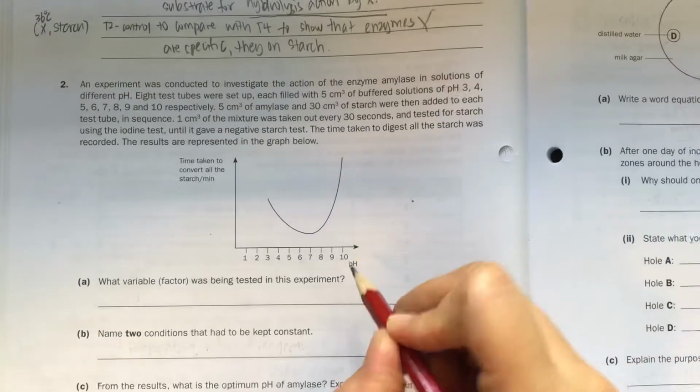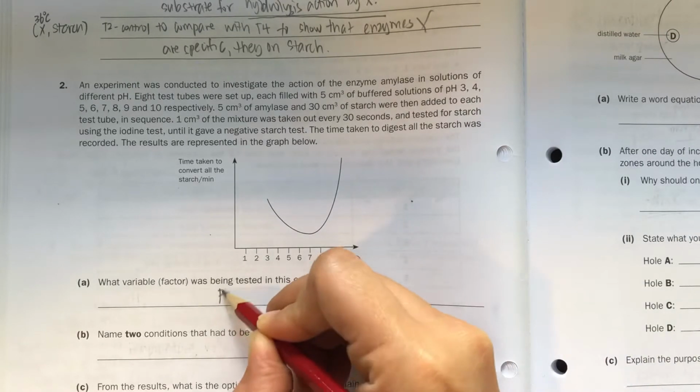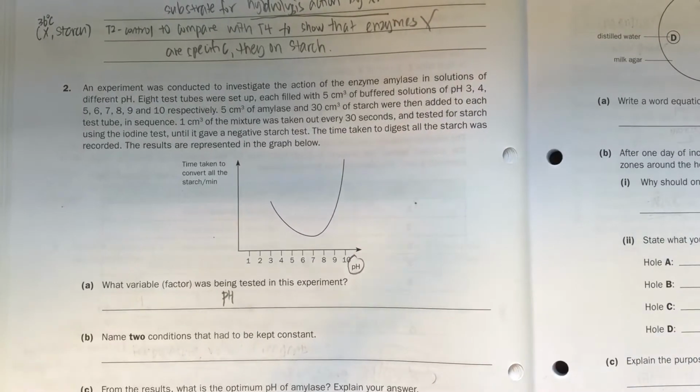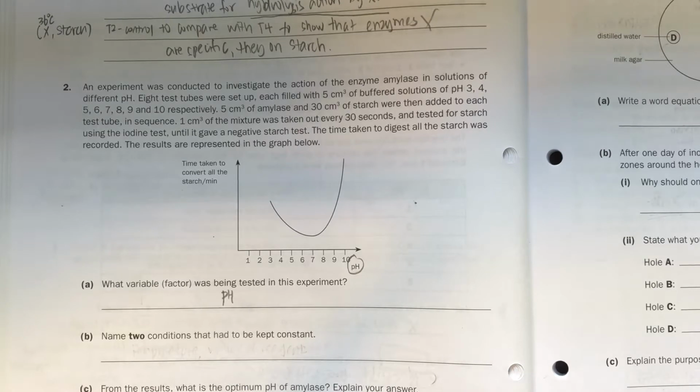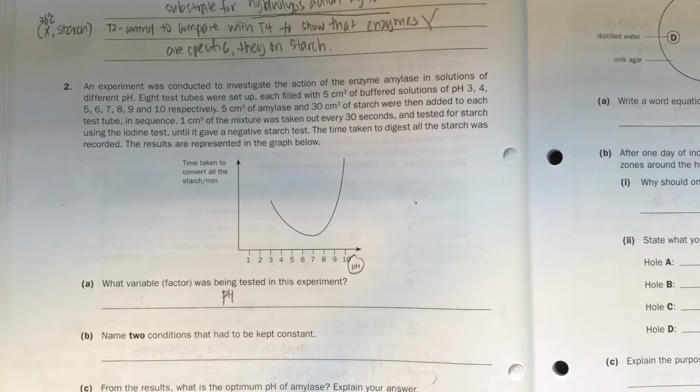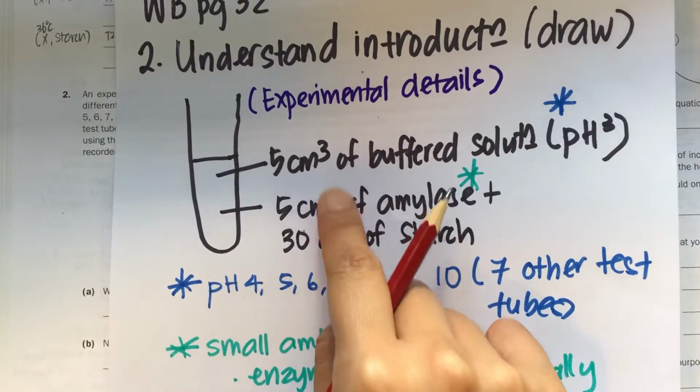So let's take a look at the question. The variable that is being tested in this experiment is definitely pH. And the 2 conditions that you have kept constant, one is already given in the experiment, and that is the volume.